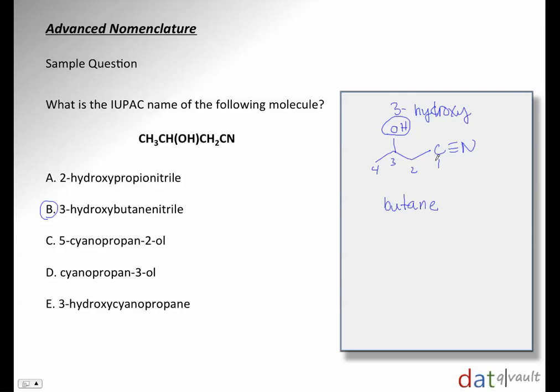This nitrile over here, since it is the main group, is going to be named again just nitrile. So this is going to be 3-hydroxybutanenitrile. Alright, which again matches our answer B. So we're going to circle that one and quickly move on to the next question.